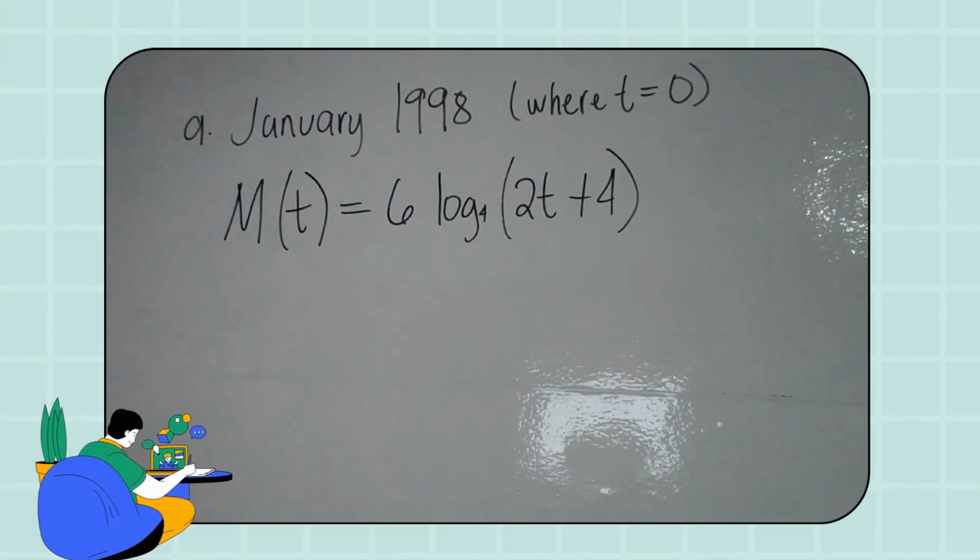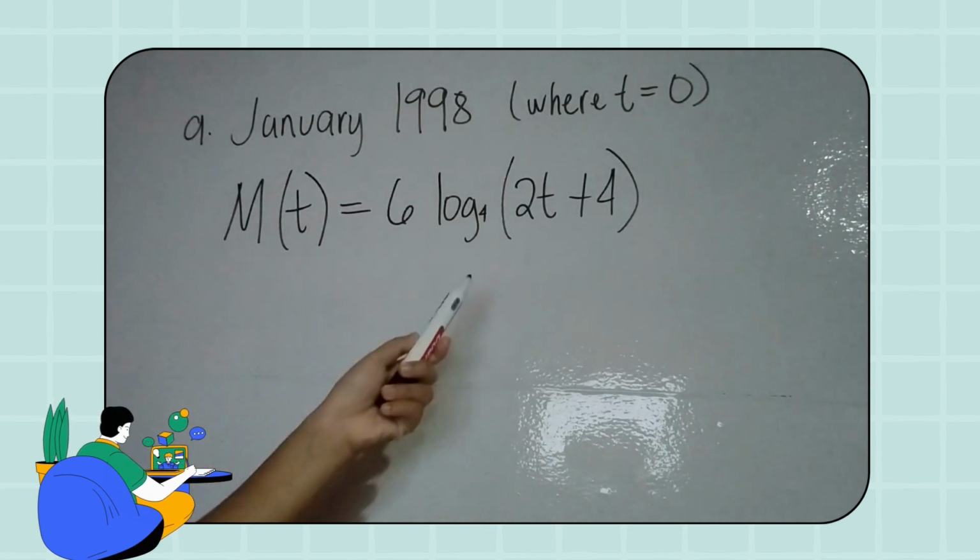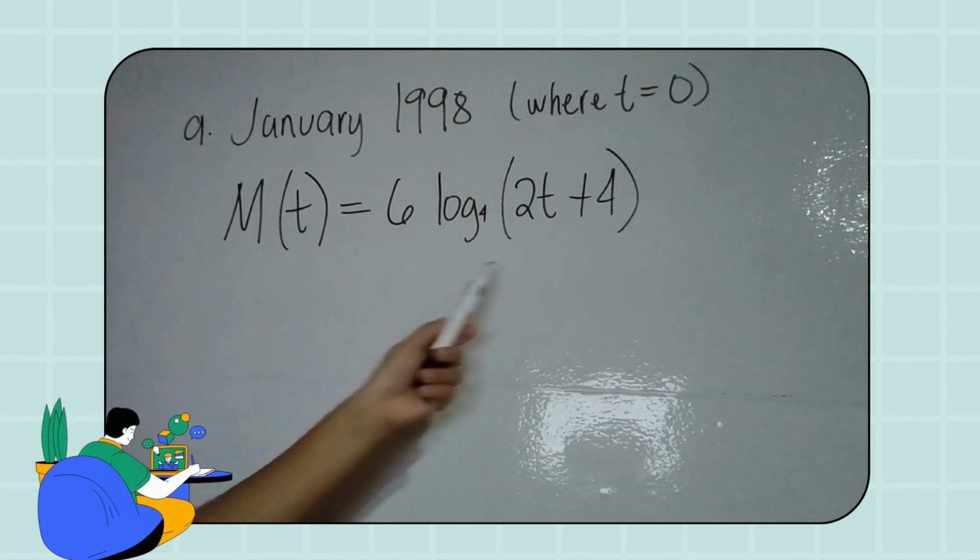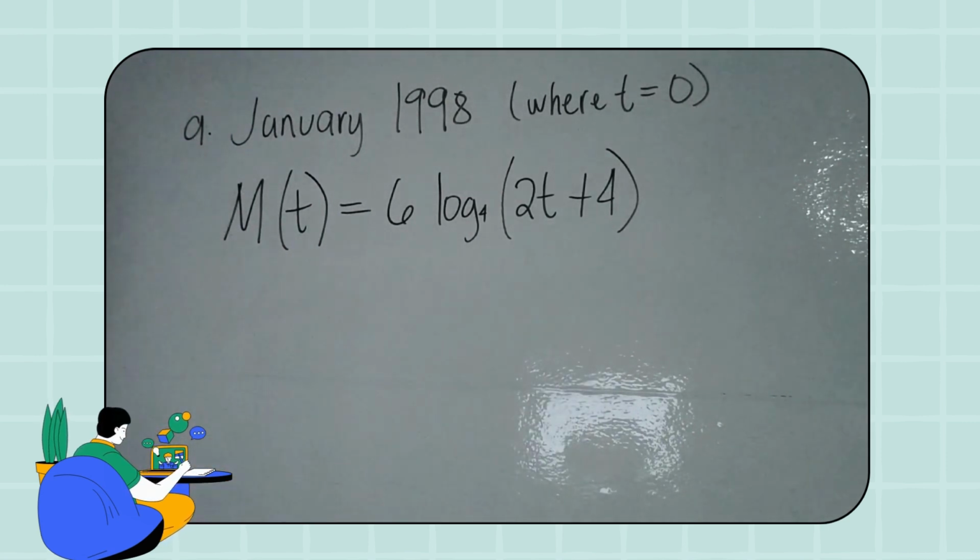First, let us calculate the number of mice for January 1998, where t is equal to 0. Here, we're going to substitute t equals 0 into the function m of t equals 6 times the logarithm base 4 of the quantity 2t plus 4.